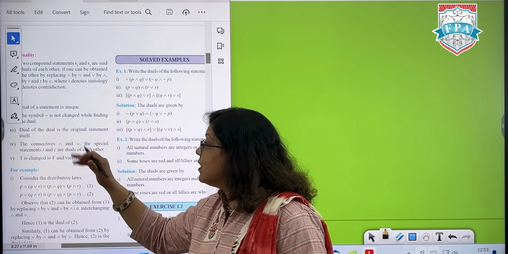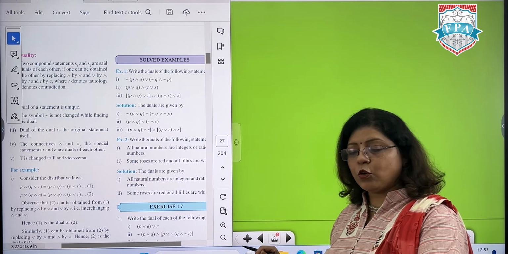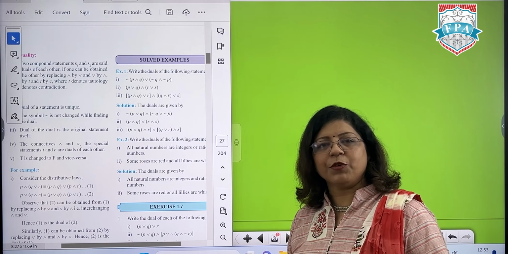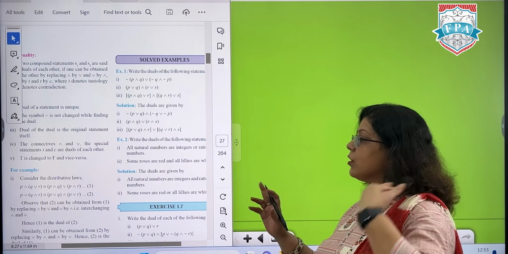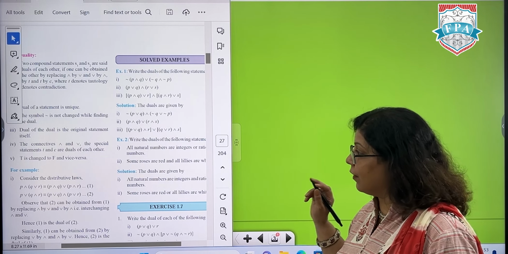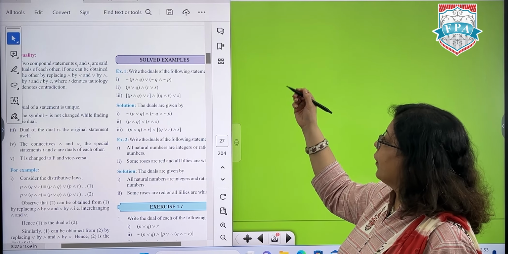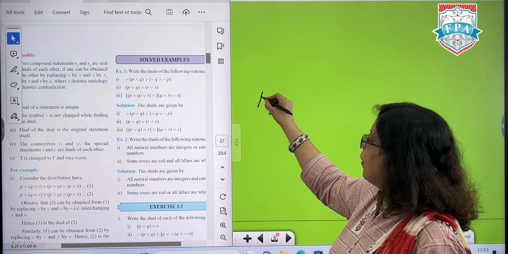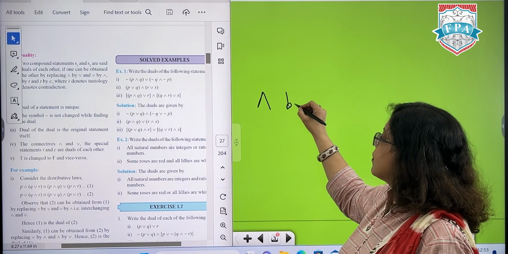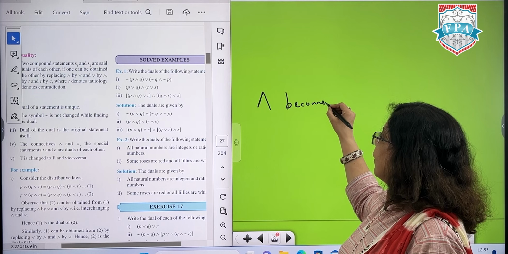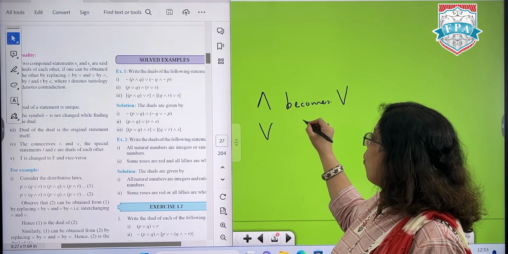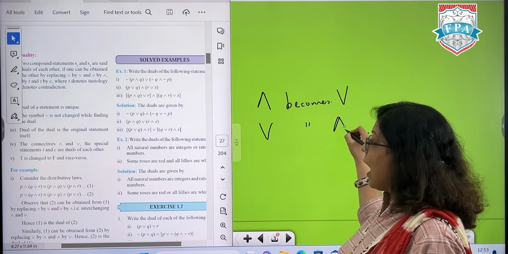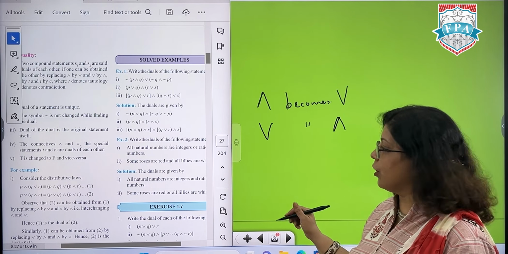Now, duals are basically a statement which is a very unique statement that can be made for every logical statement. Now, certain conditions for duals are this: and becomes or, or becomes and. This is the first condition.